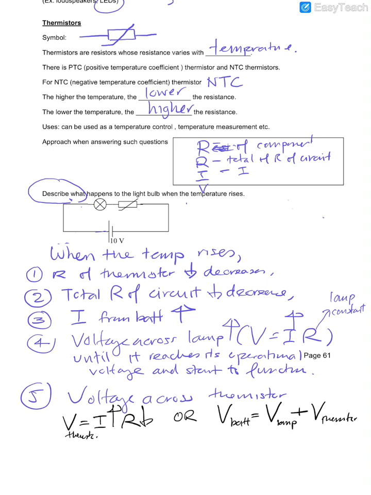Can you conclude with certainty how the voltage across the thermistor changes? Decrease. Yes. Why? The voltage of the lamp has increased, the battery voltage is the same, so the voltage across the thermistor will decrease.